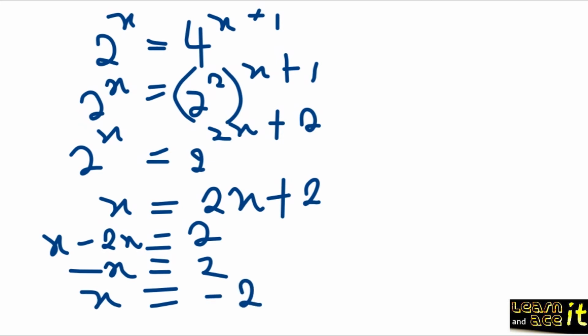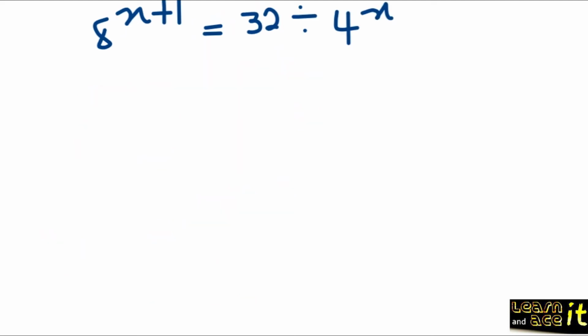Alright, so that's how you can actually attempt an equation or a problem that has bases which are not the same. Alright, now let's take a closer look at the next example to see how we can attempt it. Let's say maybe you have 2^(x+1) equal to 32 divided by 4^x.